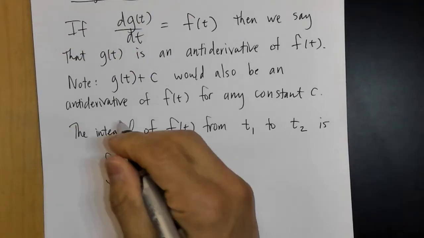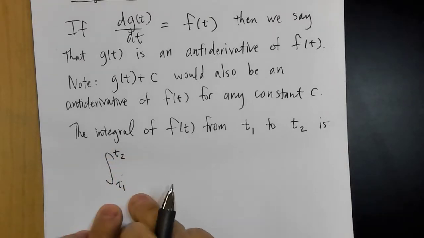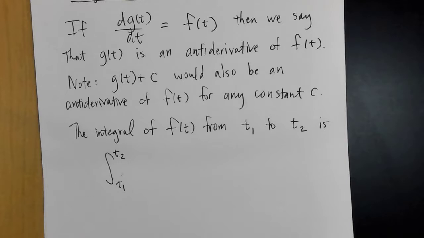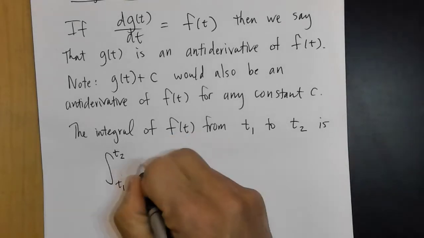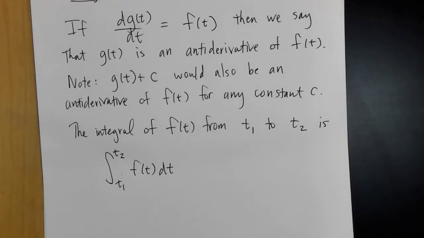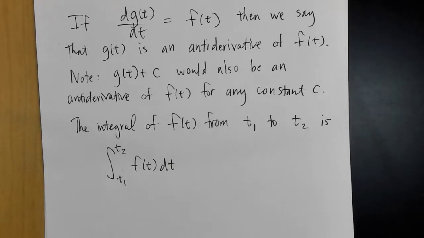And we have t1 to t2. This is the bottom limit of integration, that's the starting time. And this is the top limit of integration, that's the end time. And the integral is f of t dt. Okay. Everybody's good on this?